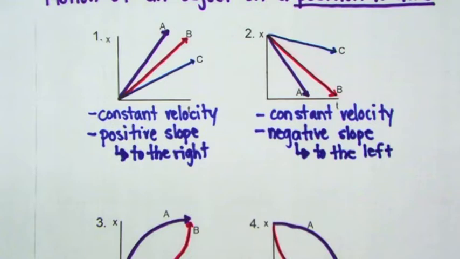Okay? It just means it's moving in the positive direction. Same thing with graph number 2. Just because the lines and the arrows are in the downward direction, it does not mean the object is moving down or falling. It just means that the object is moving in the negative direction.